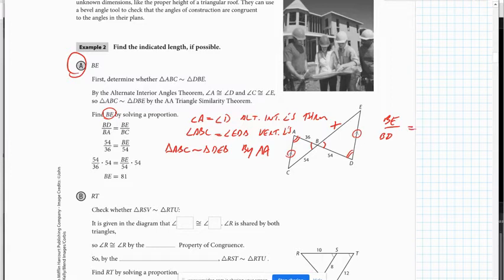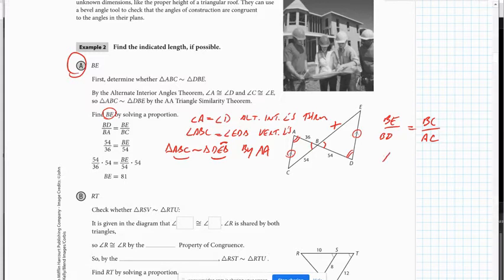That should be the same as, so look at BE is the first and the second and third letter, so that matches up with BC. And BD is the first and the third, so that matches up with the first and the third here, which is AC. And so we can set up a proportion like that with corresponding pieces. So the ratios of corresponding pieces need to be the same.